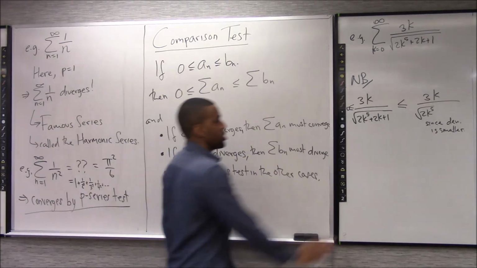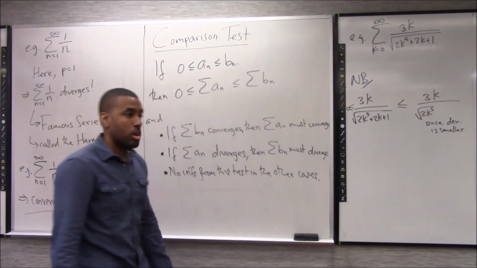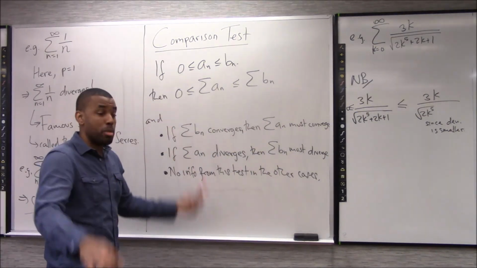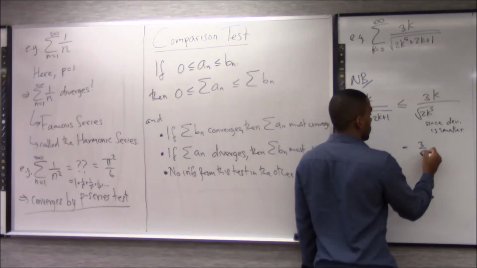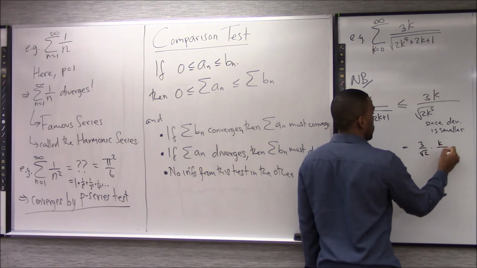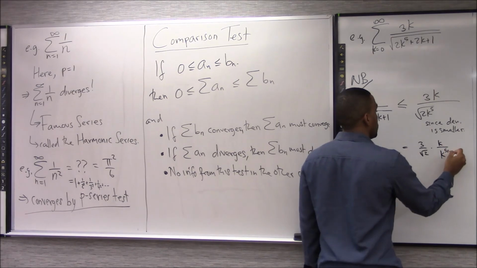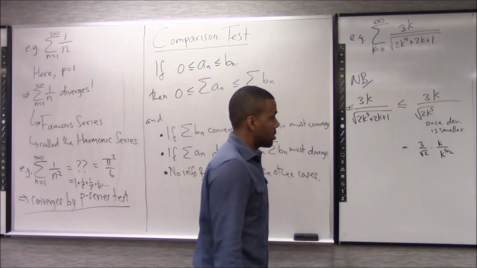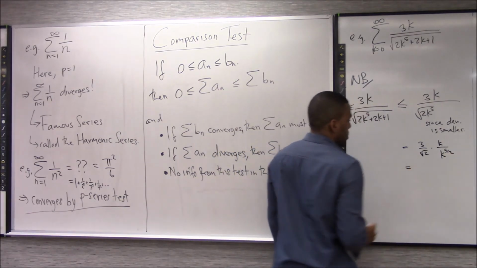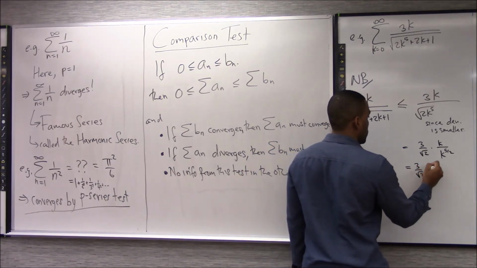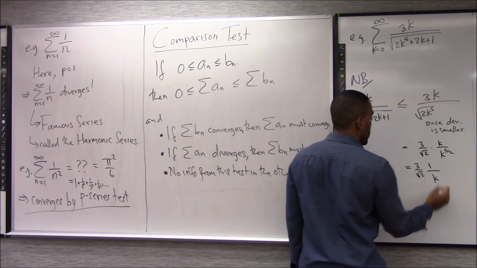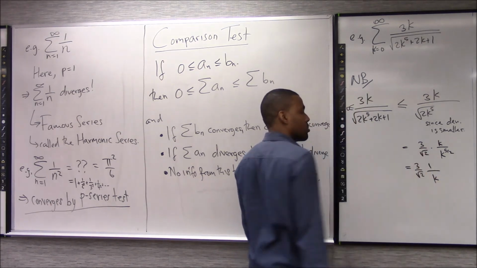I literally subtracted things, the denominator became smaller, so the overall fraction got bigger. And this guy is equal to 3 over radical 2 times k over k to the 5 over 2. So in other words, this is 3 over radical 2 times 1 over k to the, what would that be?